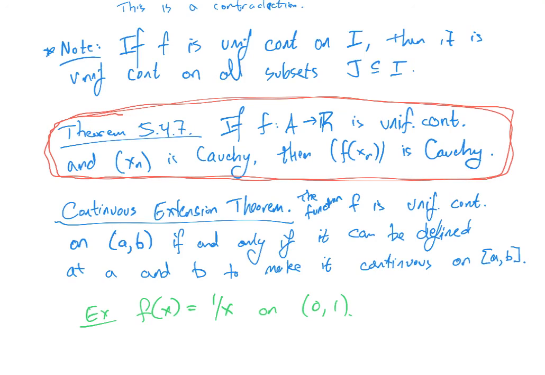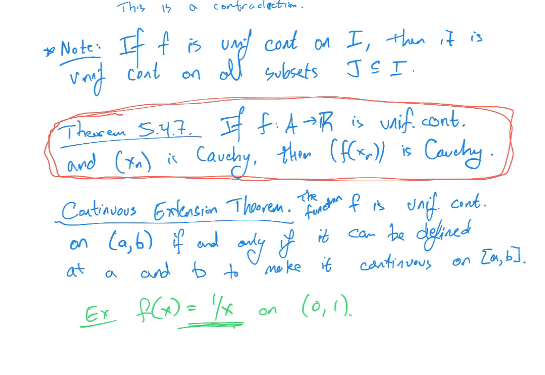Because there's no way to define that function at the point 0 in a way that will make it continuous. 0 is not a removable singularity for that function. But if this was actually a homework or a quiz problem, how are you actually going to write that argument that I just gave?